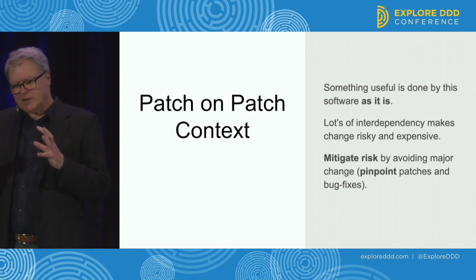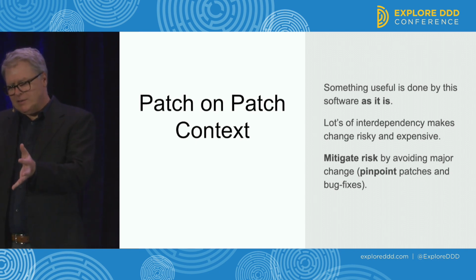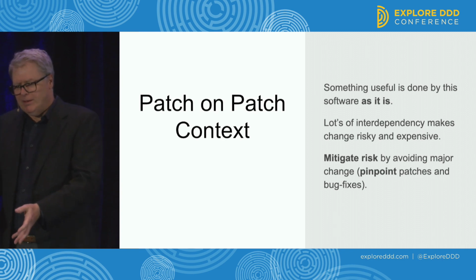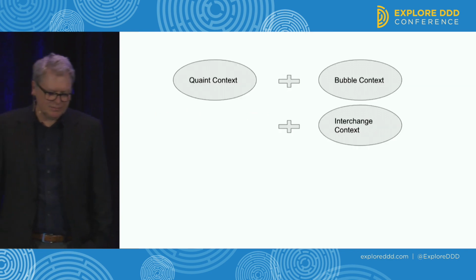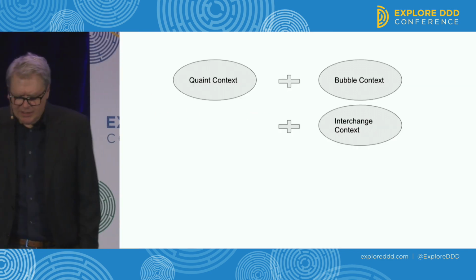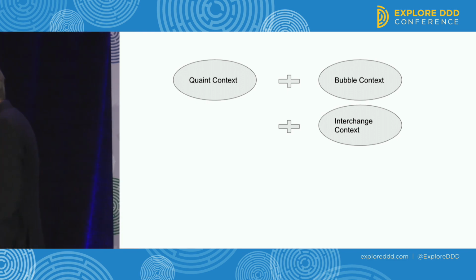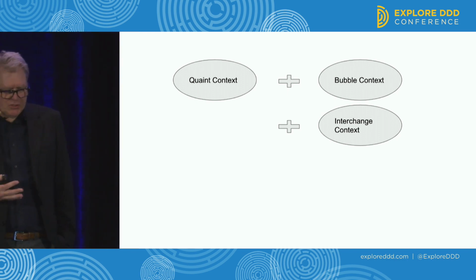So we could start to describe, well, the thing about this context is that it's patch on patch, so we have to make pinpoint changes here. You could imagine a kind of set of almost recipes.